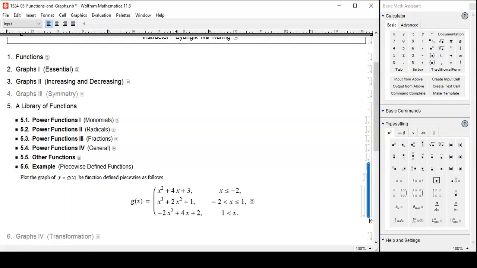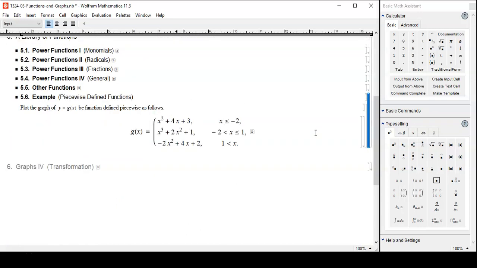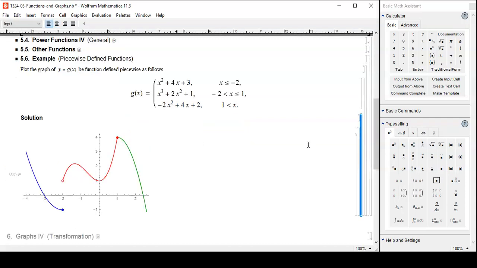We'll see. Piecewise defined functions. Okay, all right. These kinds of things. For a certain interval, we have one definition. Another interval, we have another definition. And then another interval, another definition. In this example we have only 3 intervals, but there can be many more.